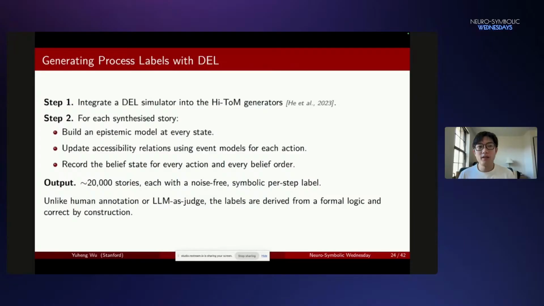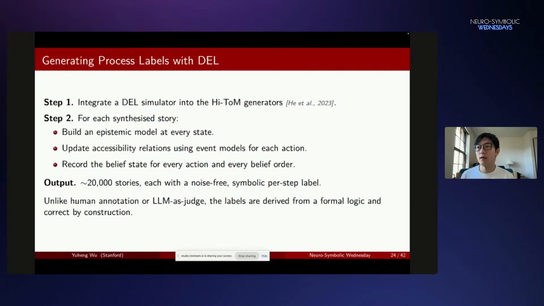So now the problem is, how do we train this PBM using our formal logic system? The first thing is we integrate a formal logic system into a HiToM generator. HiToM is a benchmark designed for higher-order theory of mind reasoning.